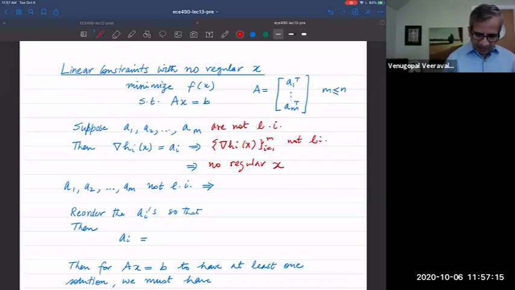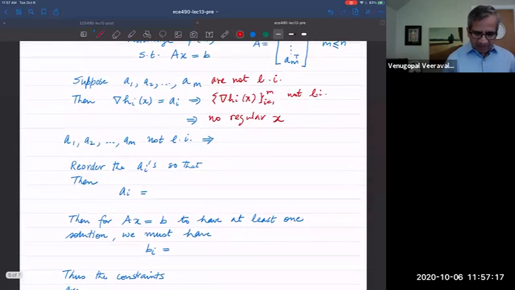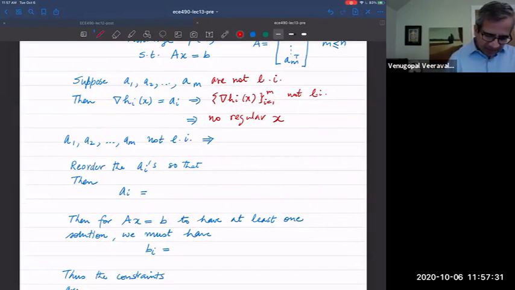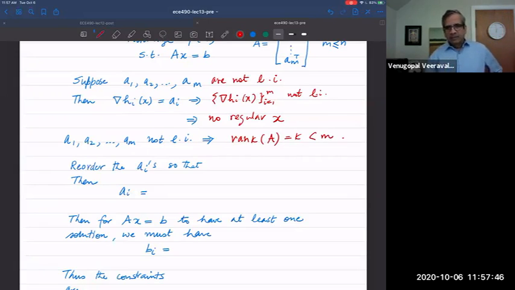But it turns out that even though we can't apply the Lagrange multiplier theorem, there are Lagrange multipliers for this example, even when the A's are linearly dependent. And we'll see why. So let's say the A's are not linearly independent, and the rank of A is equal to k, which is less than m.